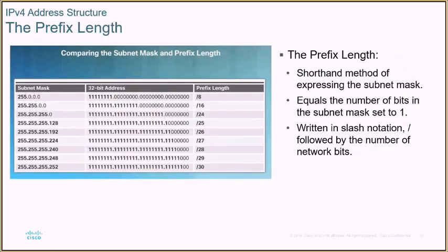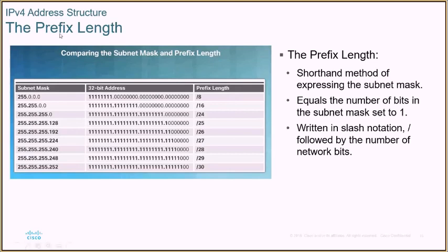Now, there is another way of specifying the network portion of an address, and that's called prefix length, or it's sometimes called CIDR notation. Prefix length is actually an IPv6 term, and so it's sort of copied back to this.